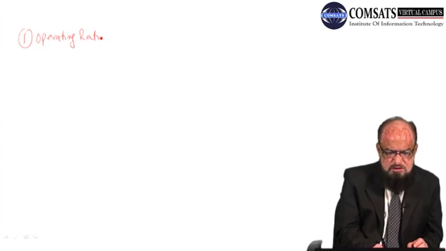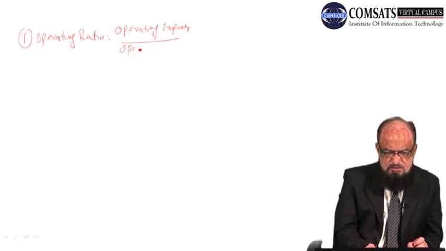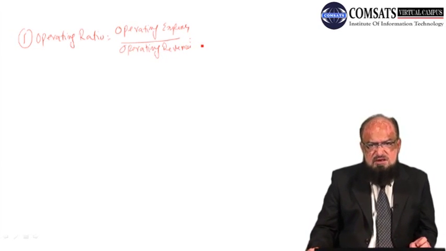Operating ratio is equal to operating expense divided by operating revenue. Operating expenses are given in the question.